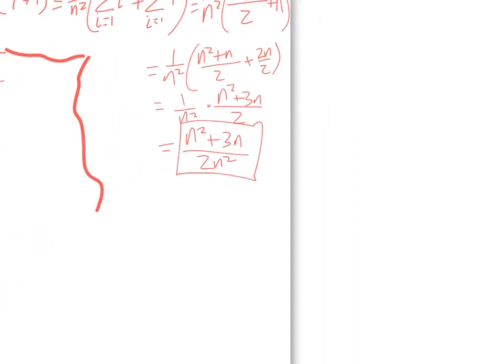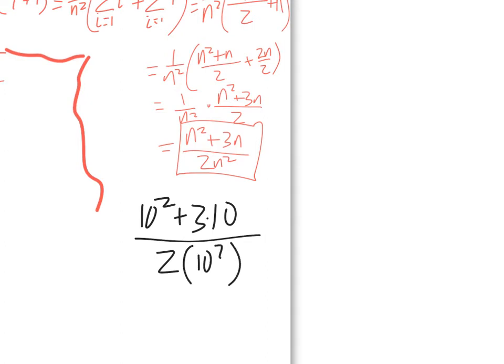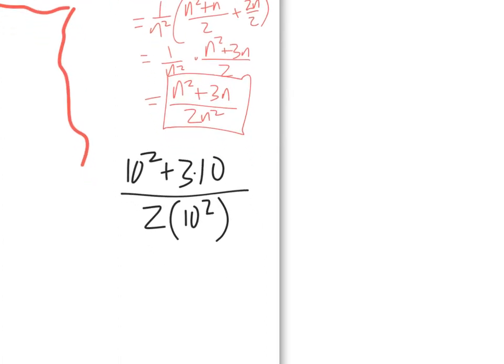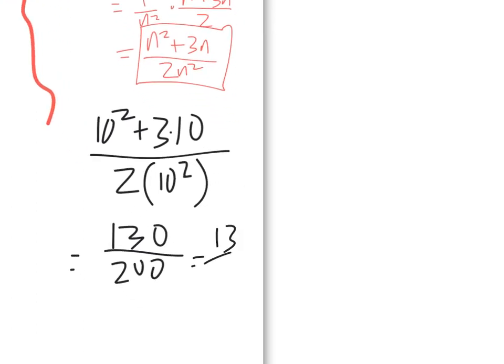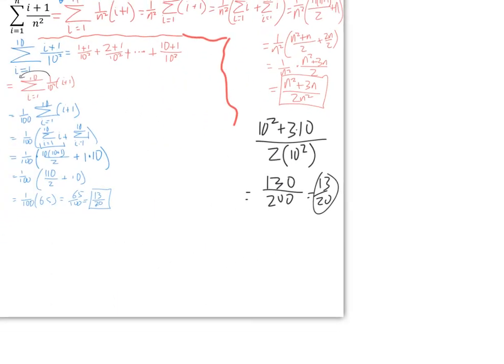If we plug 10 into here, we have 10 squared plus 3 times 10 all over 2 times 10 squared. This is 100 plus 30. That's 130 all over 200, which is 13 over 20. And what do you know?